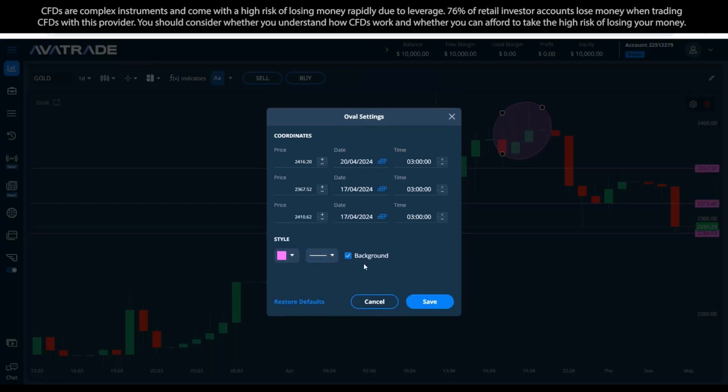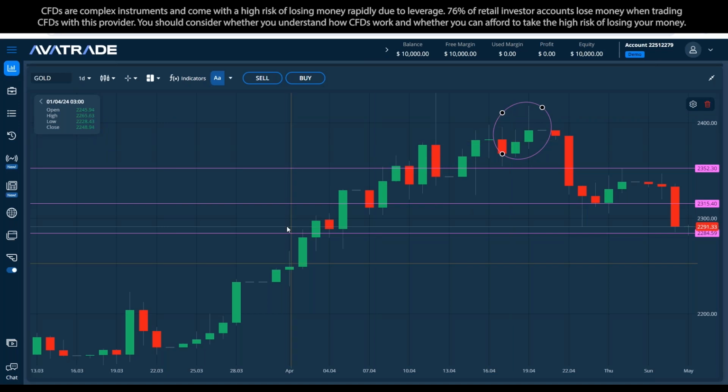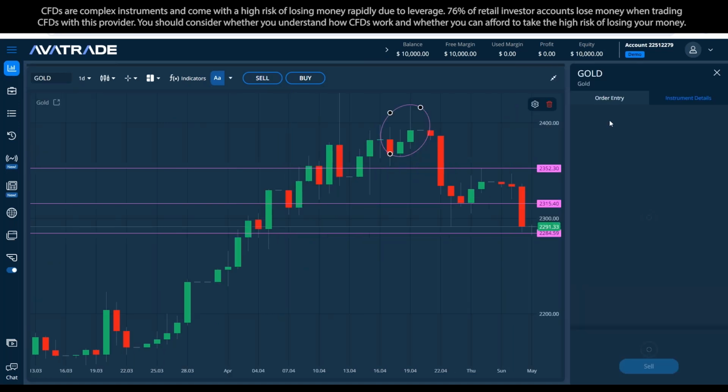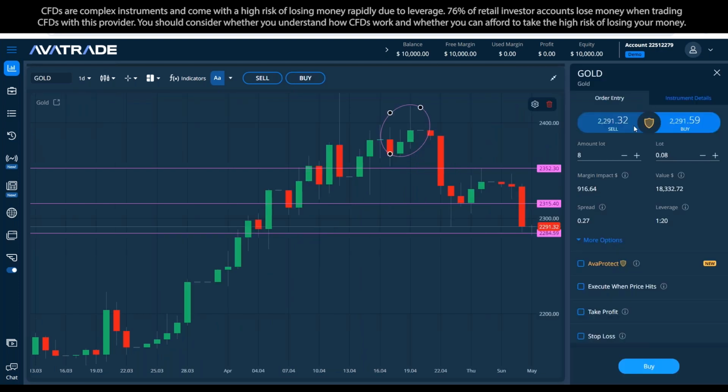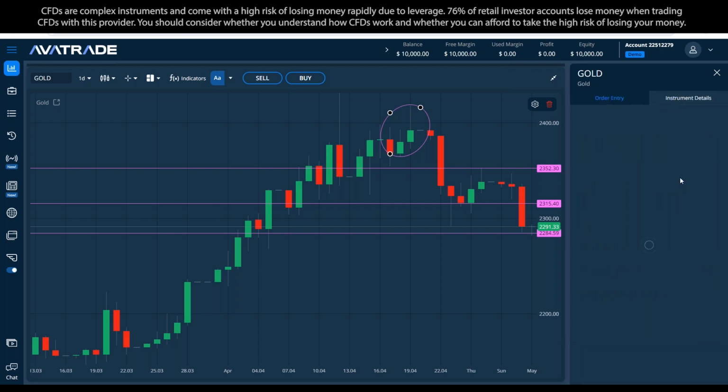All right, and as I said, we have all kinds of shenanigans in here. Okay, let's get rid of the background. Now I want to carry on to the right section. I'm going to click on sell or buy. They both open the sidebar. And then I can see I have this tab and I have that tab.